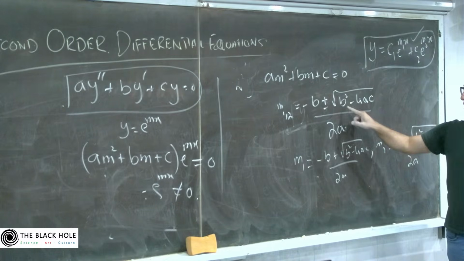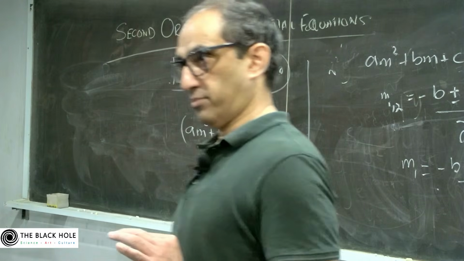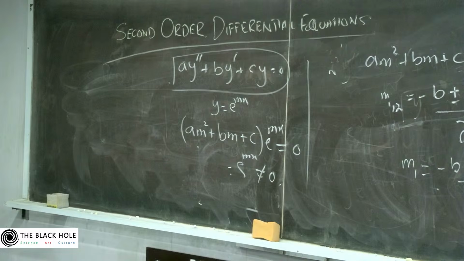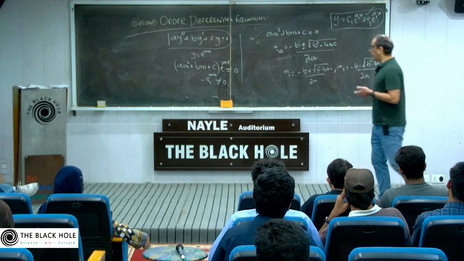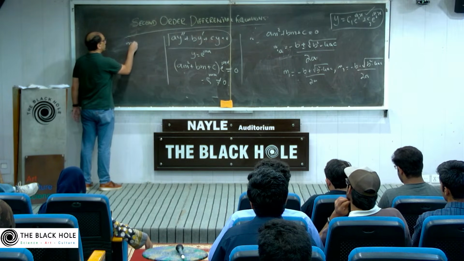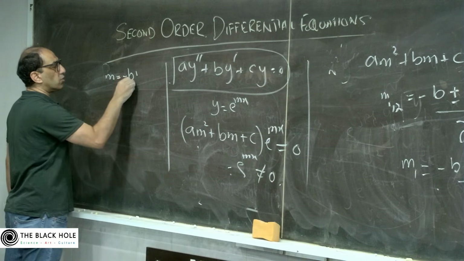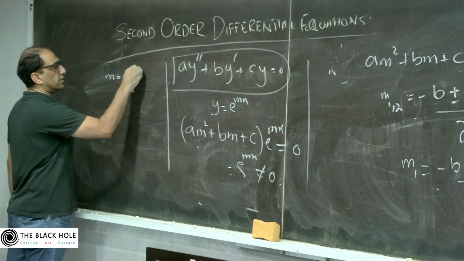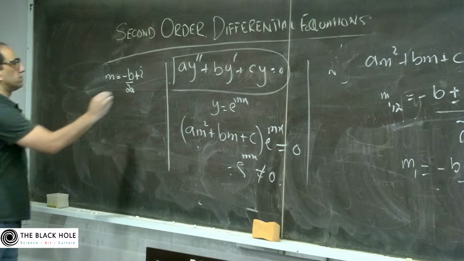Anyhow, so this is what it is. And now, if your discriminant is greater than 0, then you will have two distinct roots. If you have b square minus 4ac less than 0, then of course there will be an iota. But how do you write your m? So m is basically, in that case, minus b over 2a plus iota and whatever here.